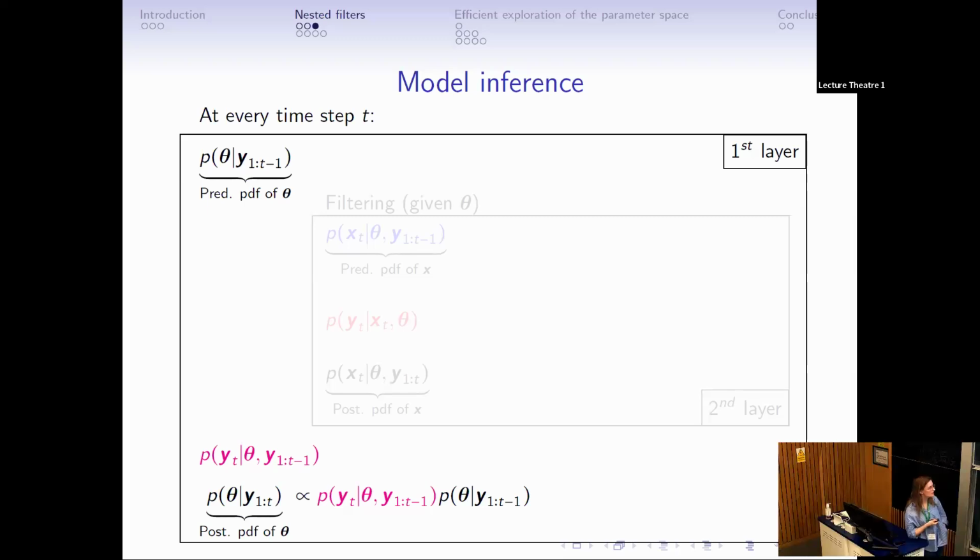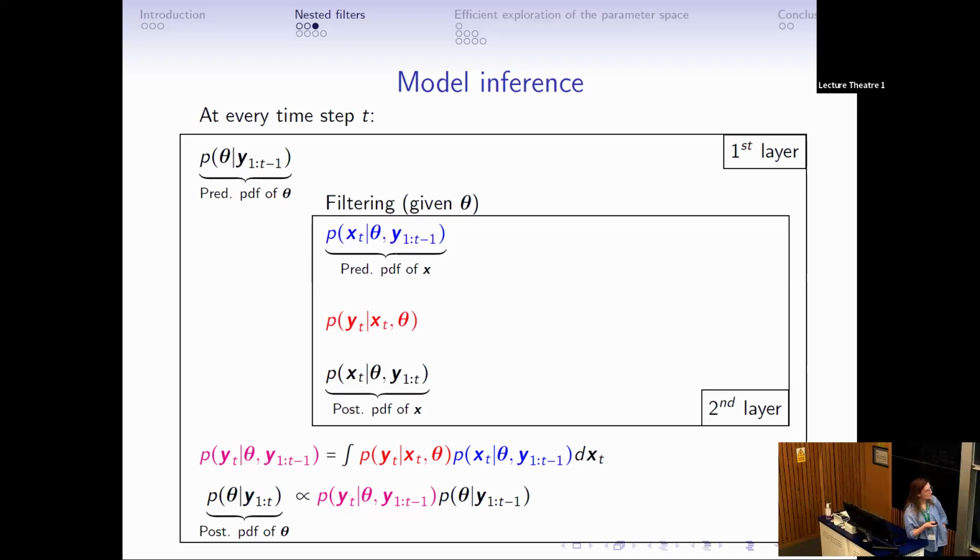The problem is how do we obtain this? We could do it by using things provided by the model, and also by running the filtering method for the state conditional on theta. So we would have this likelihood that is provided by the model, and also the predictive of the state conditional on theta. In order to obtain this, basically we need to run another filter just of x conditional on theta.